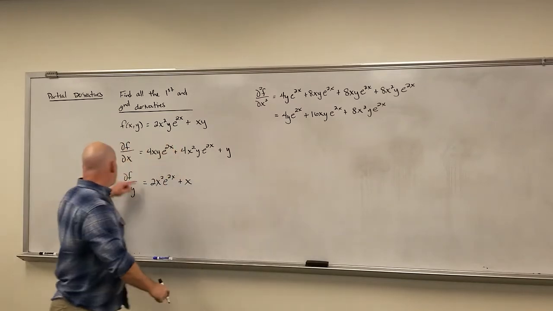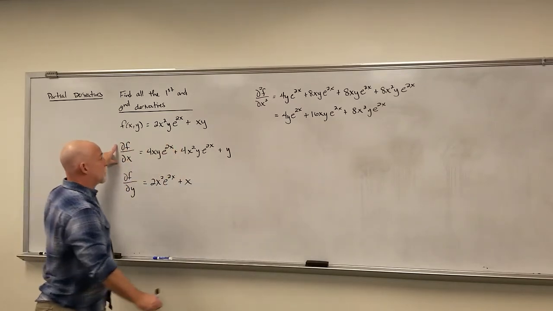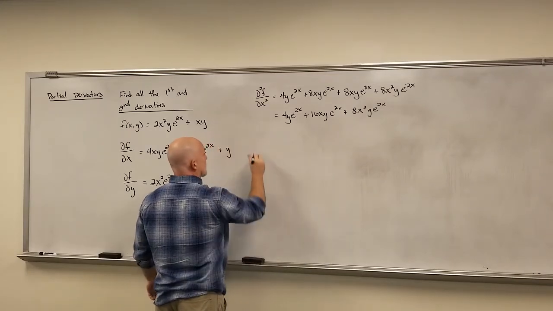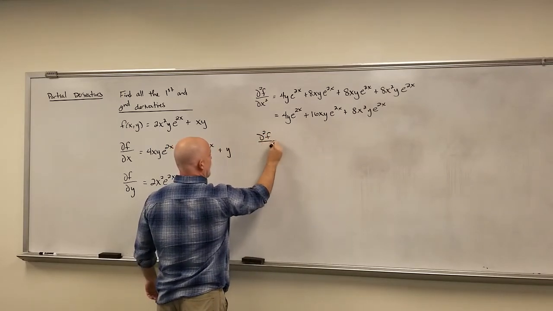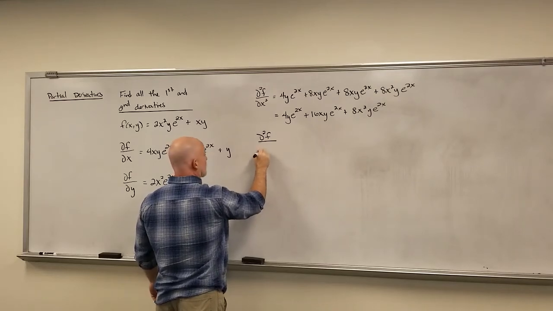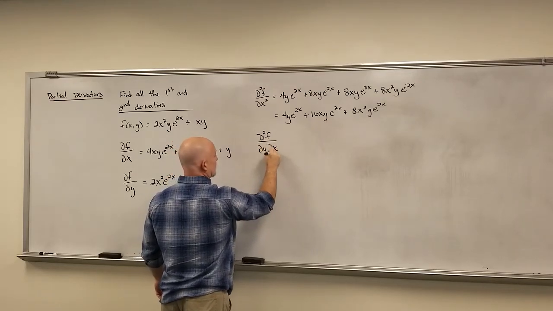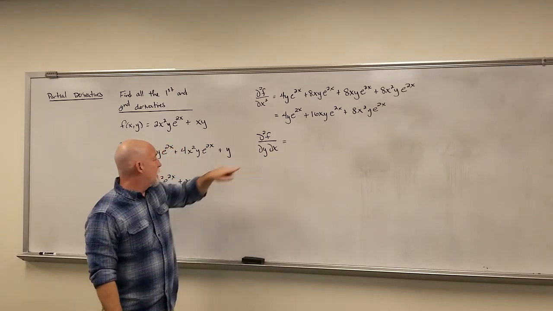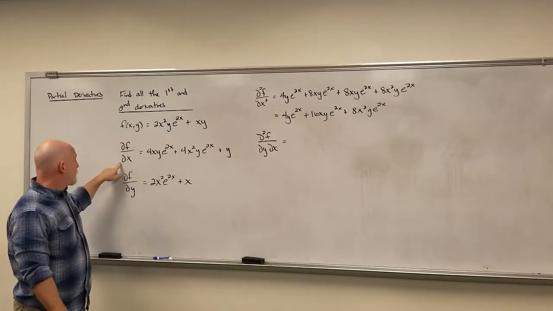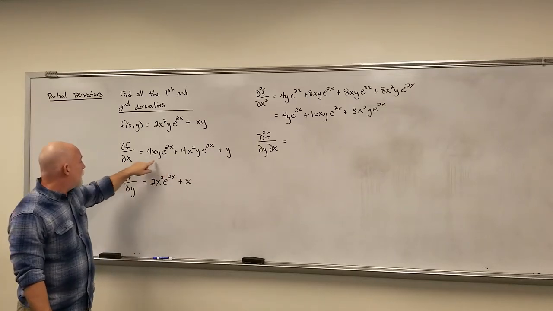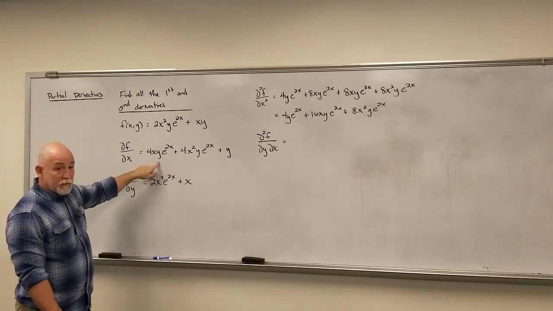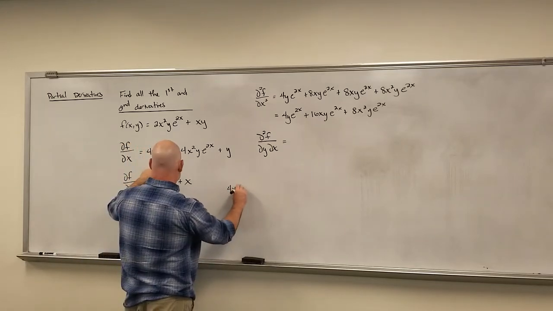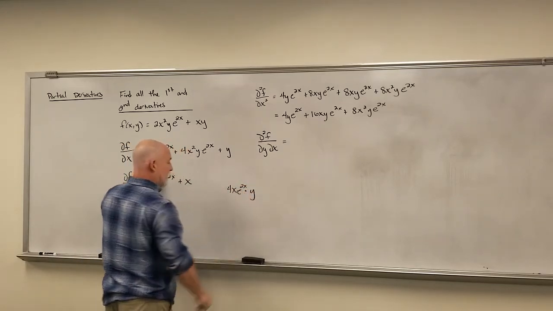Now, what if I take the derivative of this with respect to y? It's still going to be the second derivative of f, but we're going to take the derivative with respect to x, and then the derivative of that with respect to y. Notice in this first piece, the only thing that has a y is this one piece right here. So we can think about this as 4x e to the 2x times y.